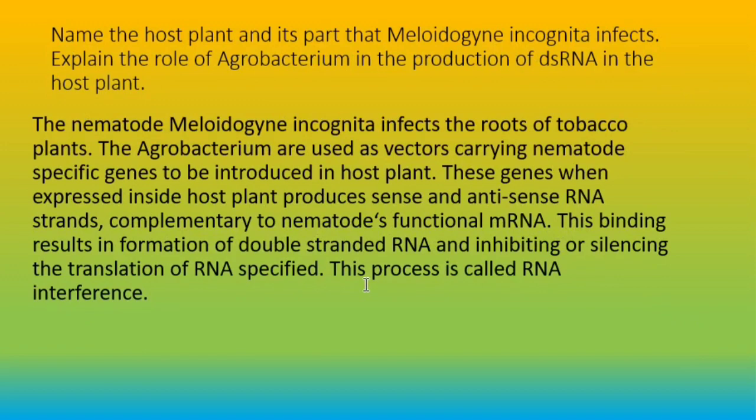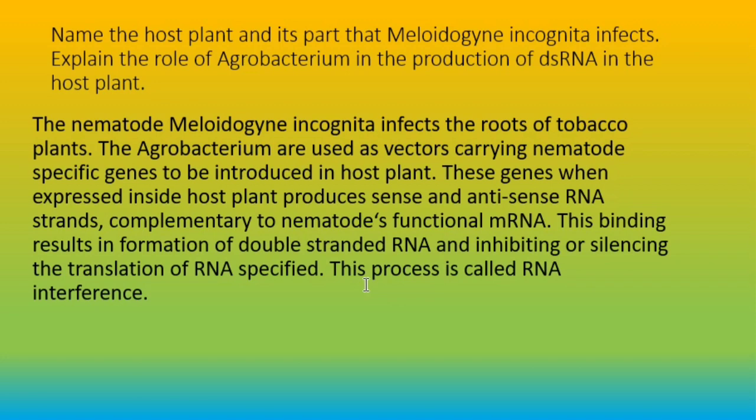Name the host plant and its part that Meloidogyne incognita infects. Explain the role of Agrobacterium in production of double-stranded RNA in the host plant. Meloidogyne incognita is a nematode worm which attacks the root of the tobacco plant. As a result, yield is drastically reduced. Agrobacterium is used as a vector for carrying nematode-specific genes to be introduced into the host plant.